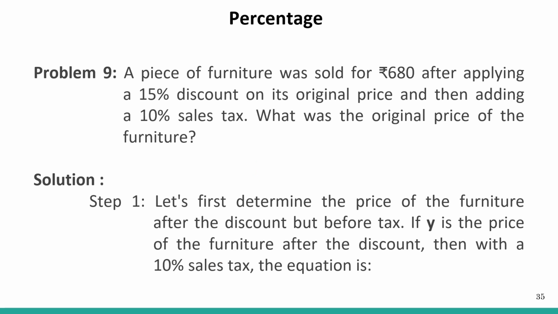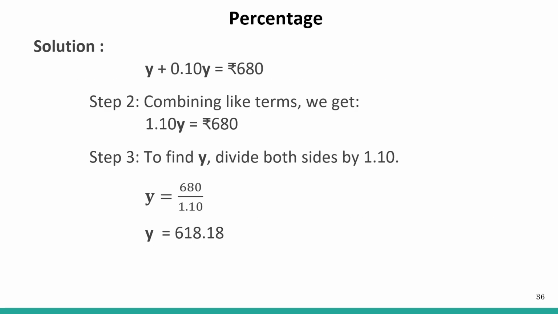If Y is the price of furniture after discount, then after 10% sales tax, the equation is Y plus 0.10Y is equal to 680. Combining the like terms, we are left with 1.10Y is equal to 680 rupees. To find Y, divide both sides by 1.10. What we are left with is 618.18.